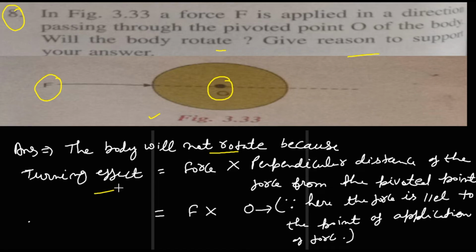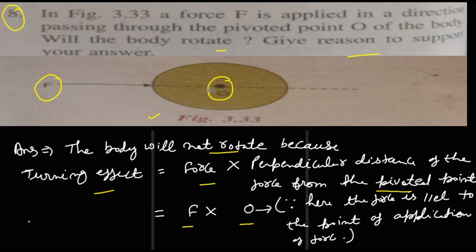Because the turning effect, as we know, is force into perpendicular distance, as we have just read on the previous page, force into perpendicular distance of the force from the pivoted point, right? So here the distance is not perpendicular. So here, if force F is applied, it will be multiplied by a perpendicular distance of 0, because here the force is parallel to the point of application.